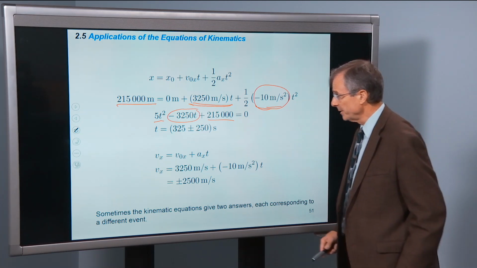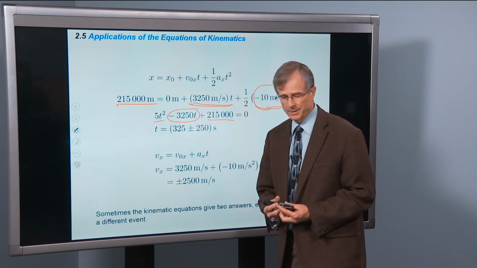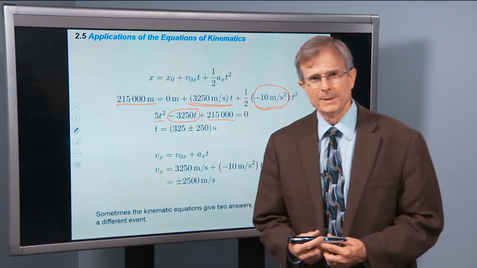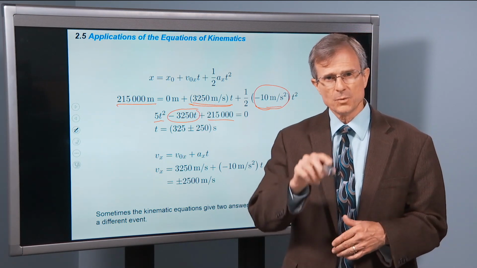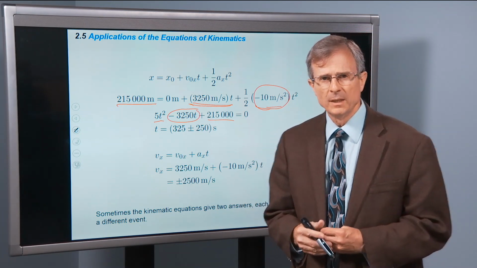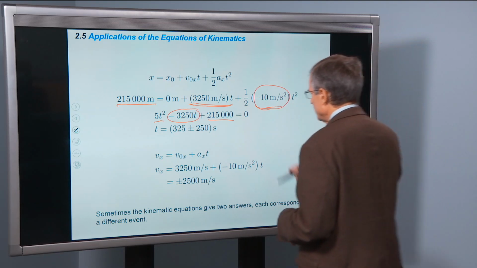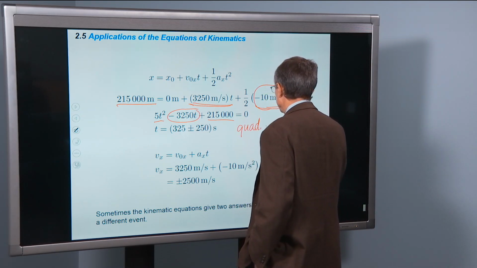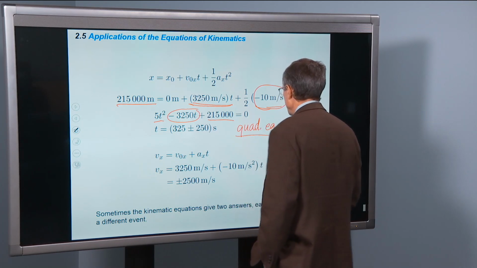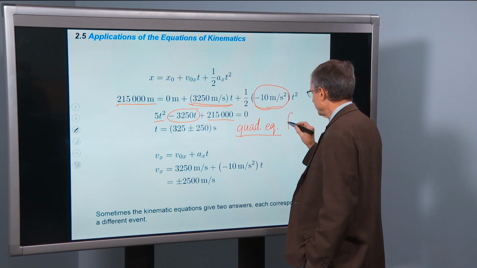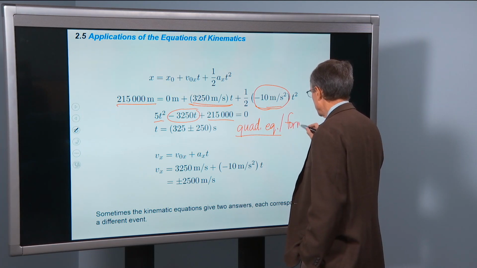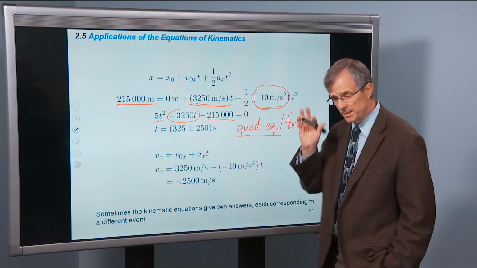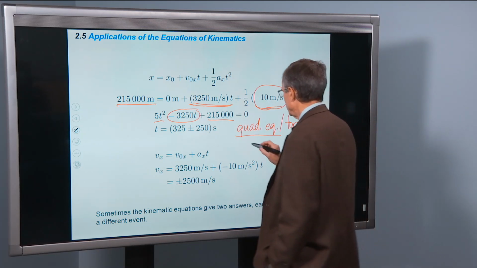The quadratic formula comes into account here. For ax squared plus bx plus c equals 0, the solution is x equals minus b plus or minus the square root of b squared minus 4ac, all over 2a. Plug these numbers into the quadratic formula. If that's a little hazy in your brain, you might want to review it.